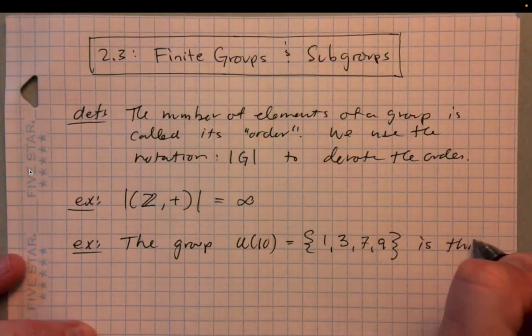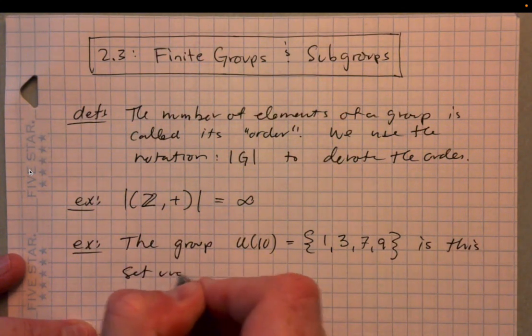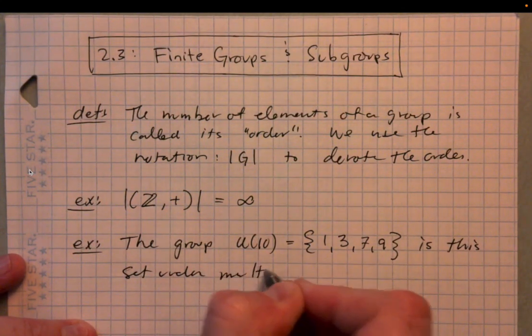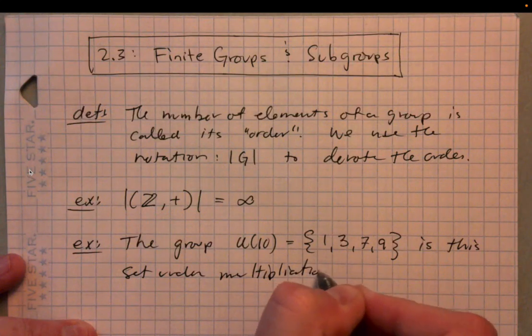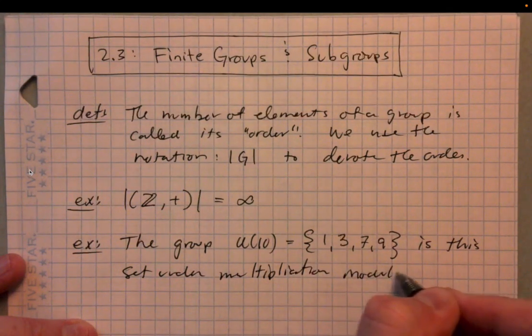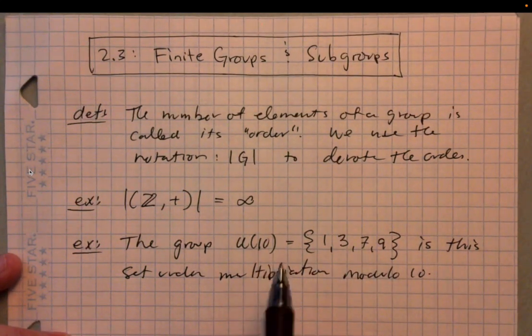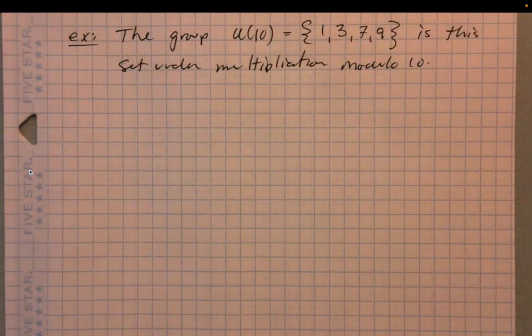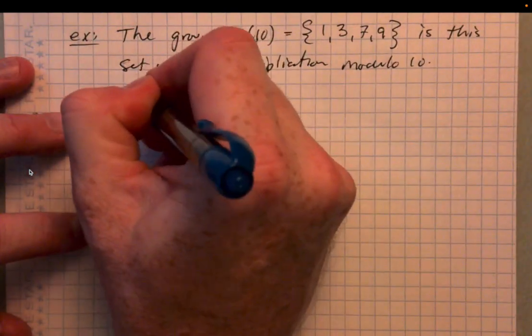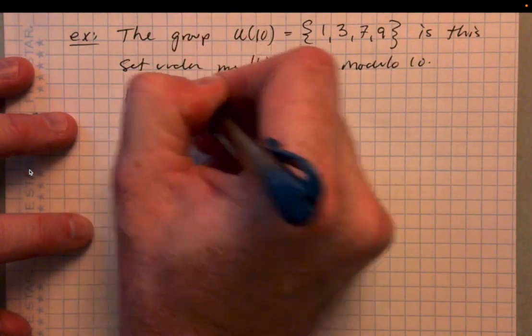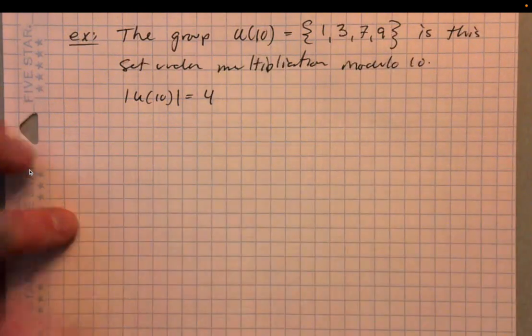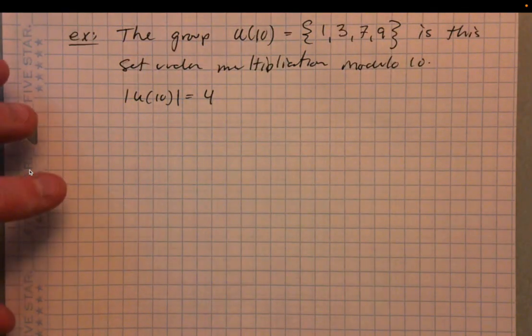Is this set under multiplication and then modulo 10. In this case, that's what the 10 means in the parentheses. Okay, so we call that U10. And as you can see, the order of U10 is 4, right? There's 4 elements in the group. Now, what does this group do? We'll use this group a lot.